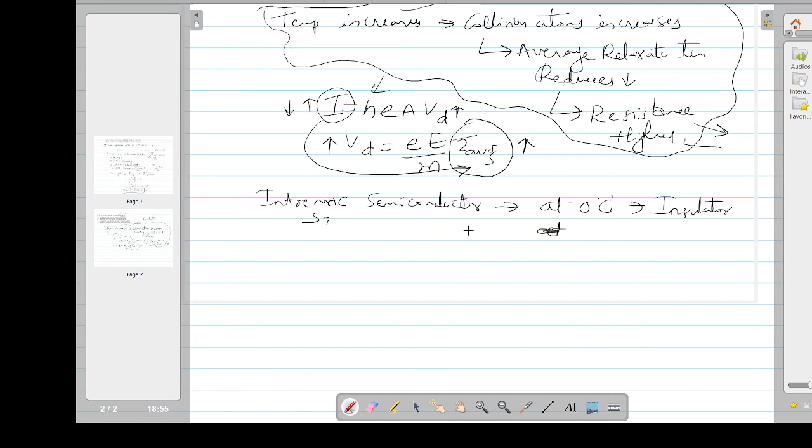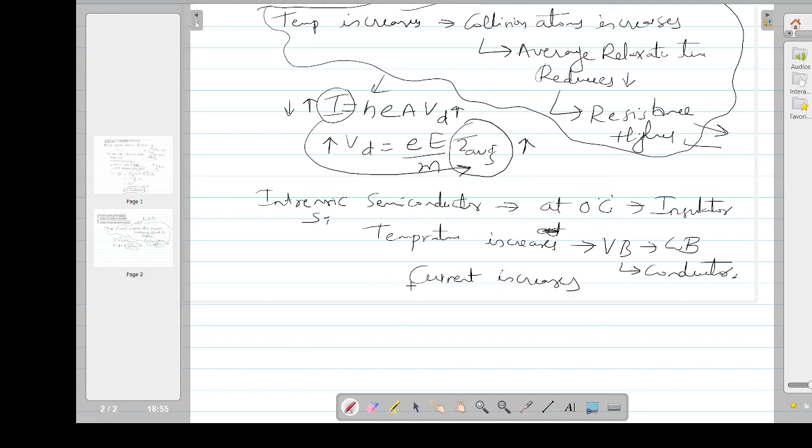Once the temperature increases, the atoms get energy and electrons jump from the valence band to the conduction band. Then it acts like a conductor. So the current increases when the temperature increases.